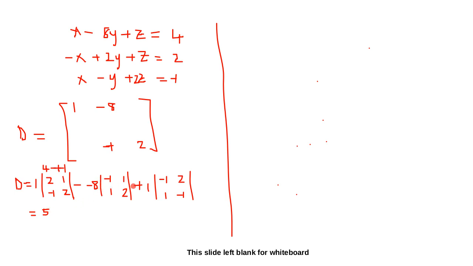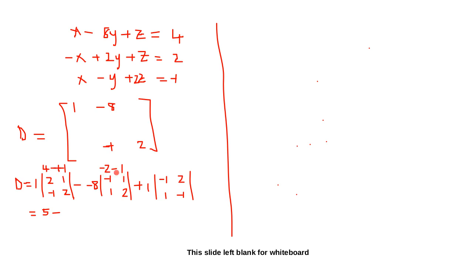Okay, then we continue. This other one, so 5, then minus, so we work this one out. Again, 2 times -1, that becomes a -2, minus 1 times 1, which is 1.